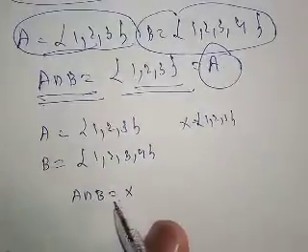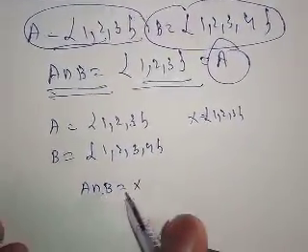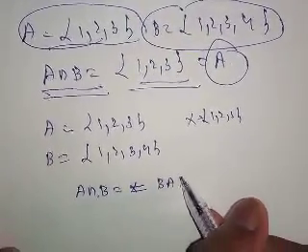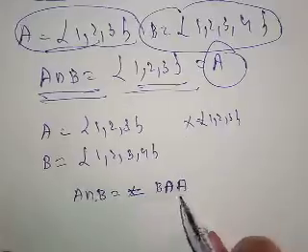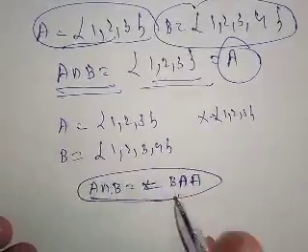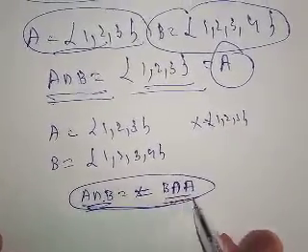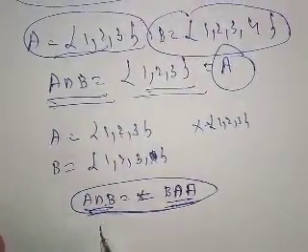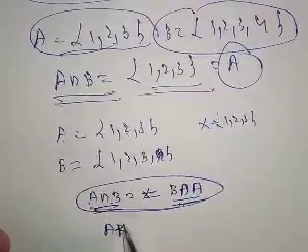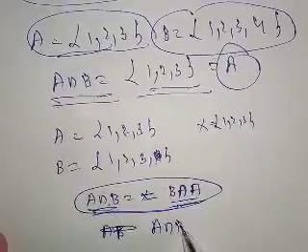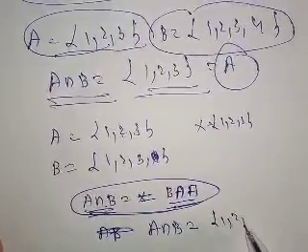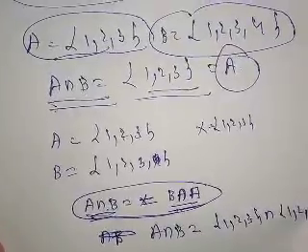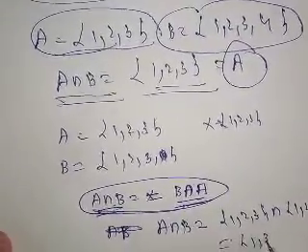If I say A intersection B is equal to B intersection A, it implies the number of elements in both should be the same. So this is not possible. This can only be possible if, when I take A intersection B, what do I get? {1, 2, 3} intersection {1, 2, 3}. What is common? {1, 2, 3}.